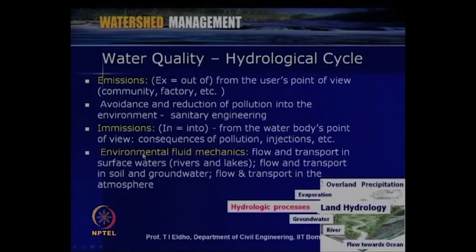So like that, a new branch of engineering or fluid mechanics has come, which is called environmental fluid mechanics, where the various issues related to transport behavior within water, soil and air are discussed.